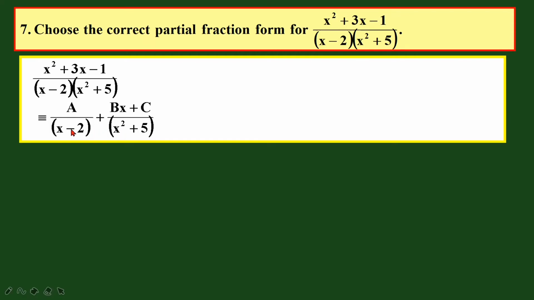If you notice, if the denominator is linear, the numerator is a number. If it is quadratic, the numerator is linear. So if you have a cubic denominator, I bet you know that the numerator should be a quadratic. So it comes in pairs.